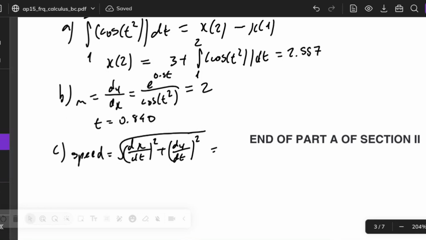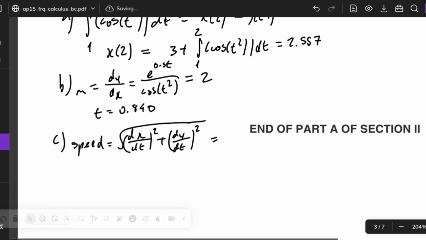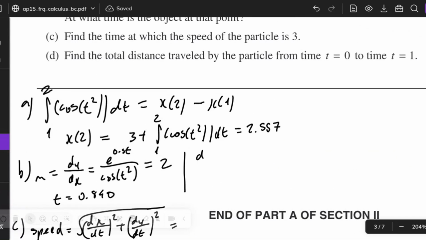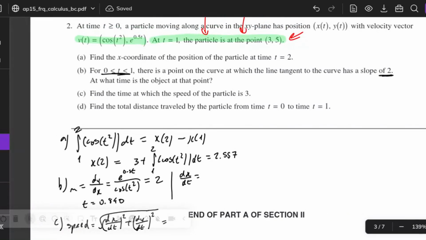And we have the value of dx/dt and dy/dt. I actually forgot to write them in question B, but I would suggest writing out dx/dt and dy/dt so you don't get confused. So I'm going to write that right here. dx/dt is equal to cosine t squared, and dy/dt is equal to e to the 0.5t.